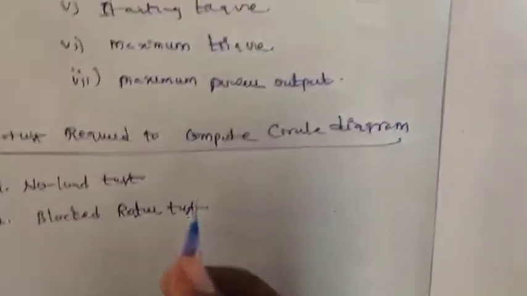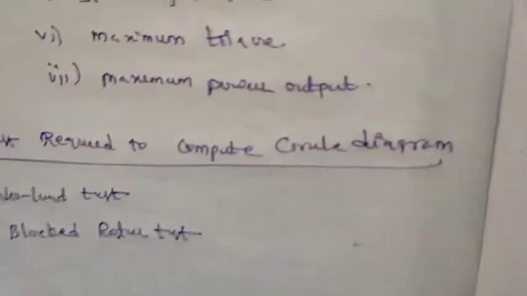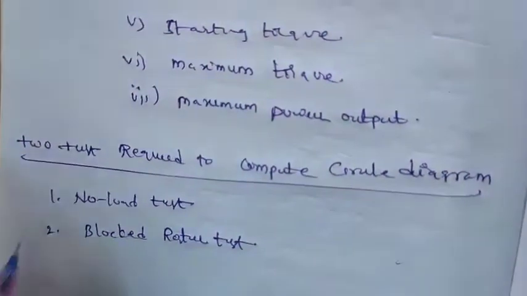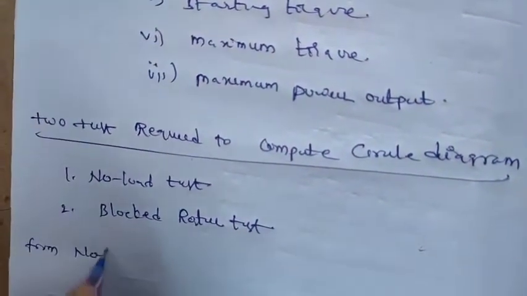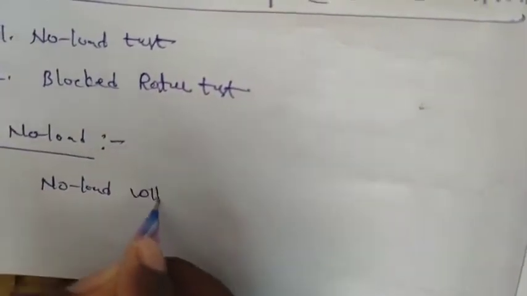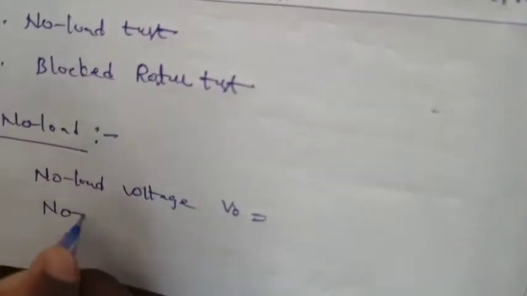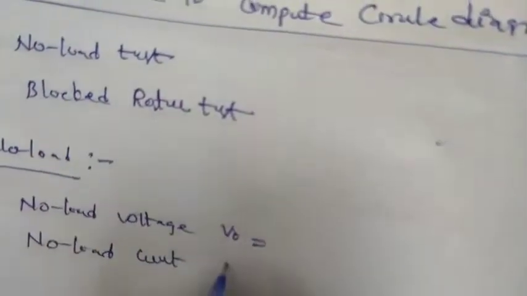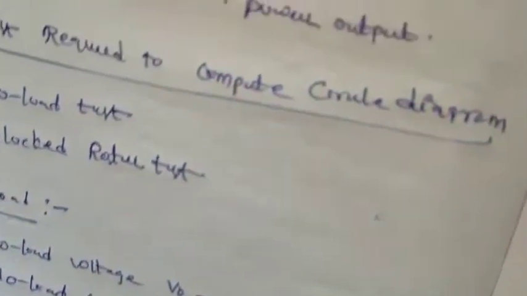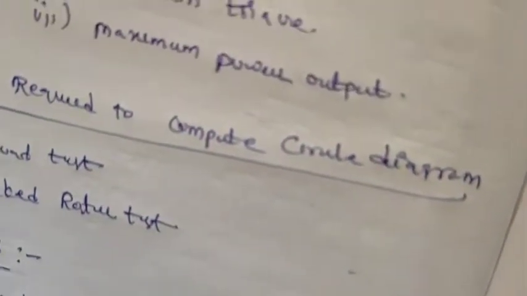Already we have discussed how we can apply the no load and blocked rotor tests. From no load test we can get the no load voltage V0, no load current I0, and no load power W0.